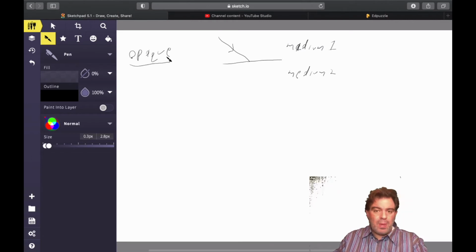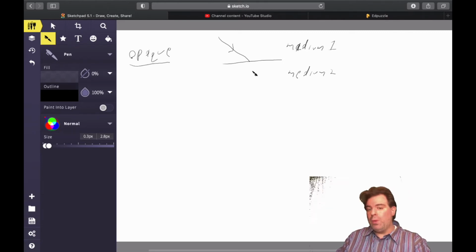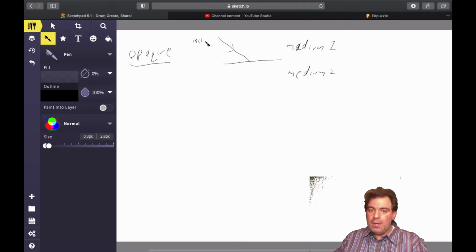If the object is opaque, meaning we cannot see through to the other side, that is because light rays do not pass through it. So what happens when an incident light ray strikes a boundary in a surface? One of two things is going to happen.